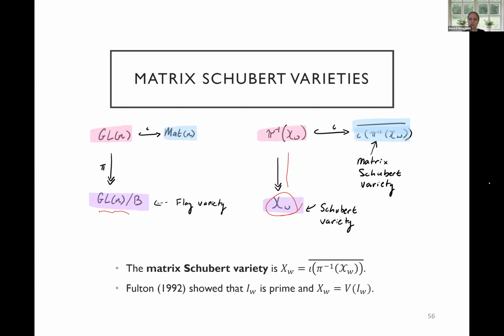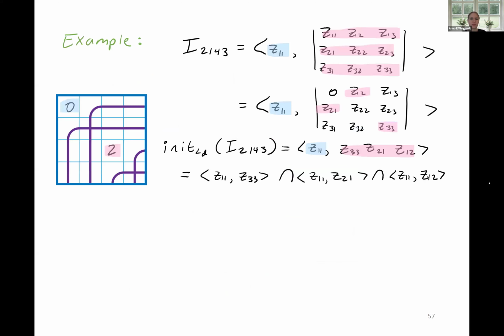So looking here, we can take our matrix Schubert variety, and then we can do what's called a Gröbner degeneration, which means that we can degenerate it to its initial ideal. Normally we have to be a little bit careful, and we have to compute a Gröbner basis and then take the lead terms of that Gröbner basis, and this is going to generate our ideal. But lucky for us, in this example the given generators are already a Gröbner basis.